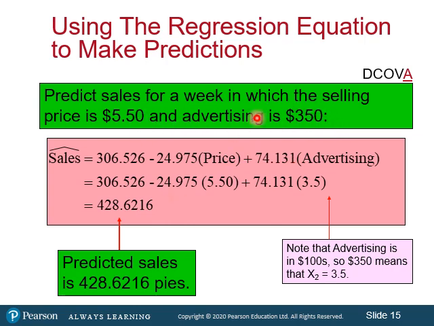Again, here advertising is in hundreds, so if the advertising is 350, you cannot put 350 in the bracket. You have to put 3.5, because 3.5 times 100 is 350. Once we plug in the numbers, we will get a predicted sales of $428.62. This is what we call prediction of a future value given the values of the independent variables.